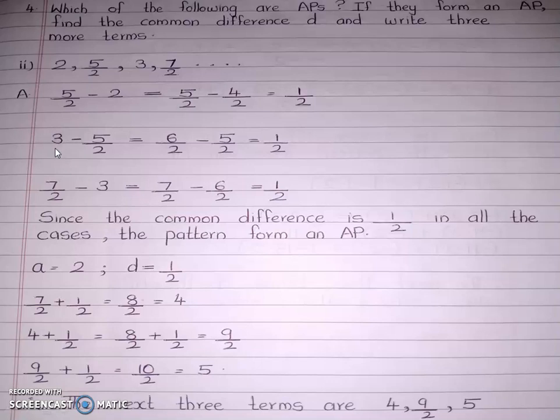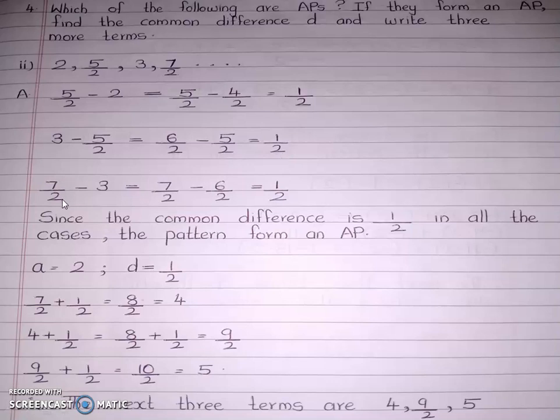Here the denominator is 1. Here the denominator is 2. Making it like fractions, I will get 6 by 2 minus 5 by 2. 6 minus 5 equal to 1. So 1 by 2. In this case also I got 1 by 2 as the difference.